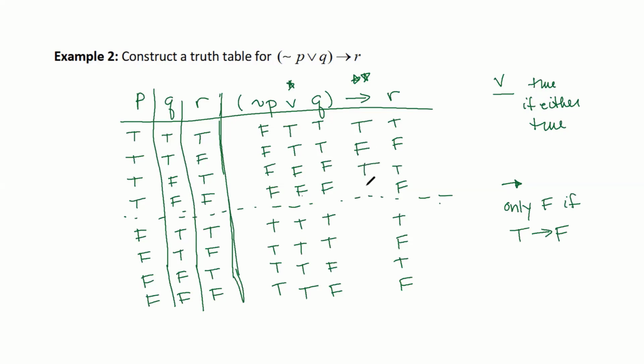False implies false is true. True implies true, true. True implies false is false. True implies true is true. True implies false is false. So our final answer column: true, false, true, true, true, false, true, false.